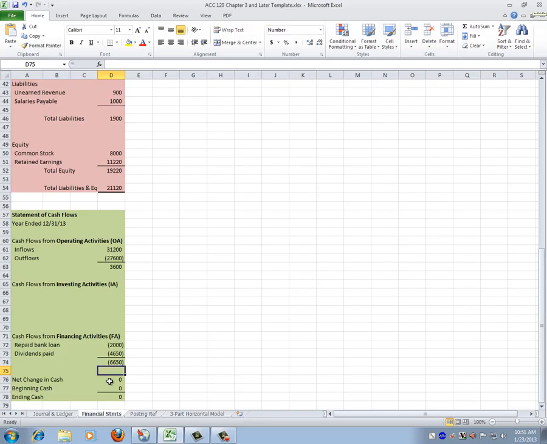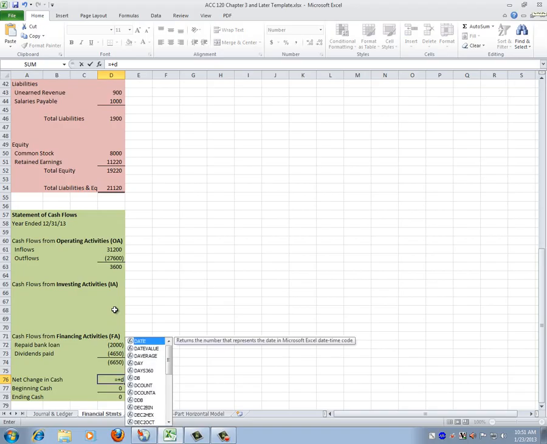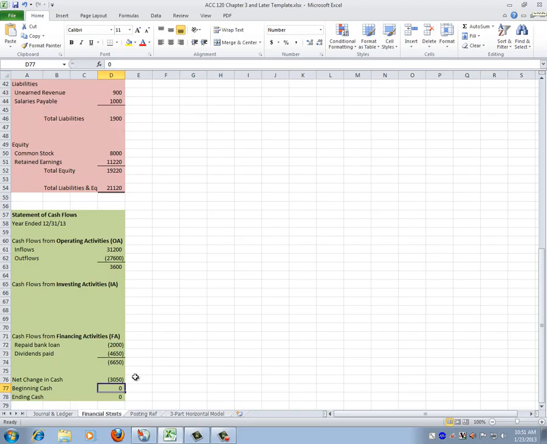So the net change in cash is the combined three subtotals. Let me do that as a formula. And that comes to an outflow in the net of 3,050 for the year.